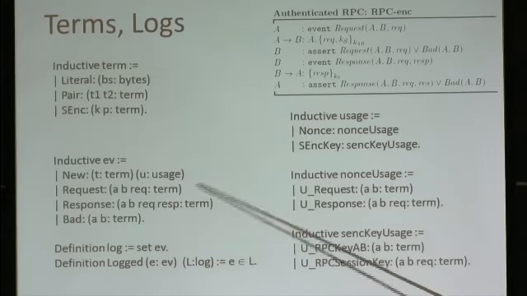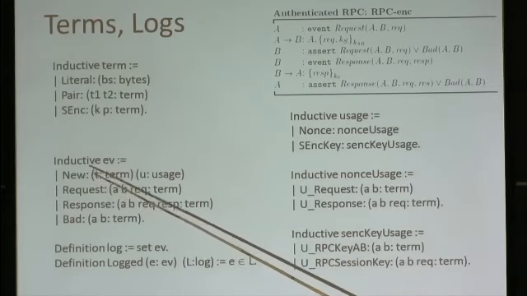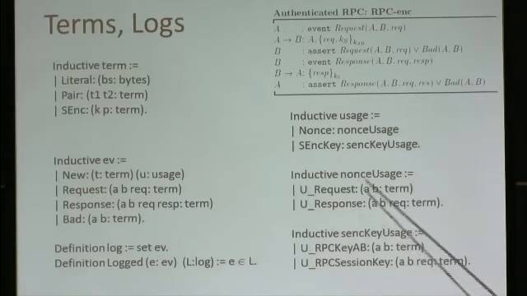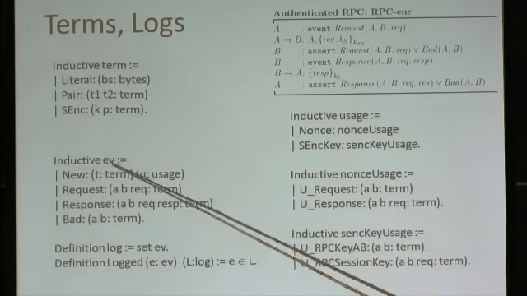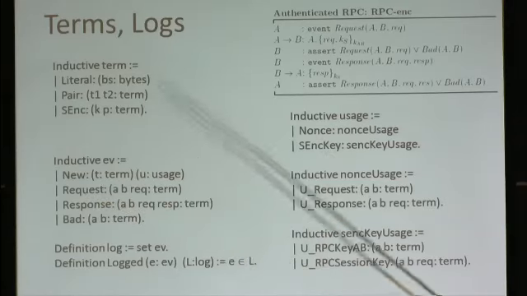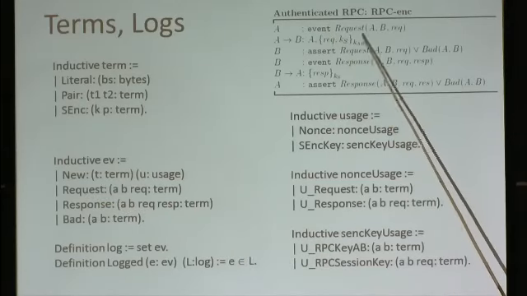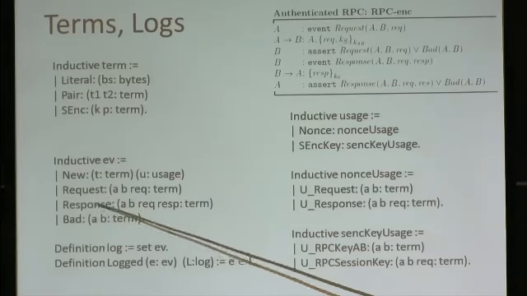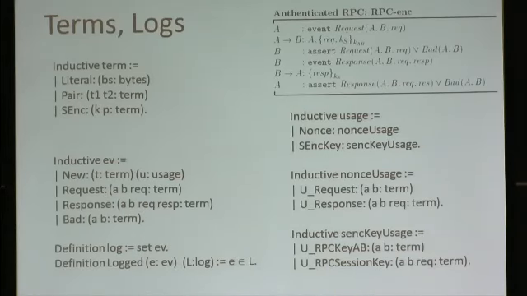Okay, so back to events. What I was saying over here was just that every byte string that we introduce has an associated usage that's described over here, and that's partly protocol specific. Also protocol specific, we have events corresponding to these in the specification of the protocol, speaking about a request or a response, and also bad, indicating that 2 guys have gone wrong.